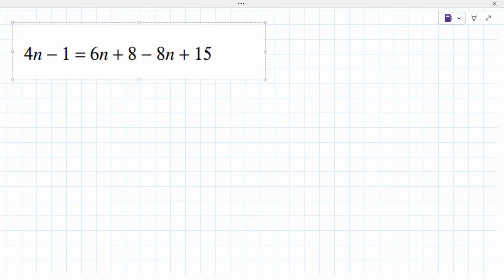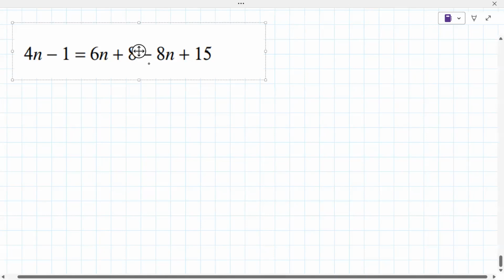I don't think the calculator did that right. Negative 24 plus 8 minus 32. Maybe plus 32 plus 15. I did not do something right. I got n equals negative 4, but that does not seem like it would be right.